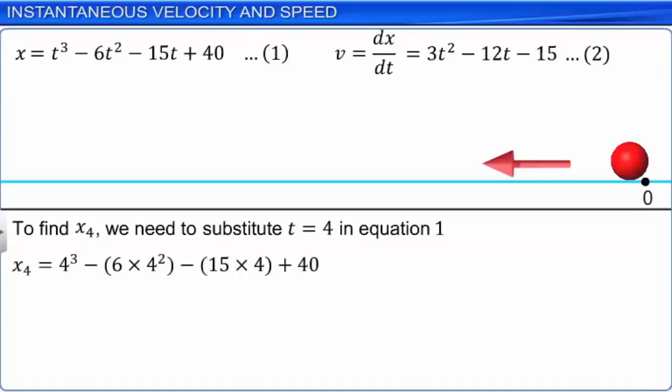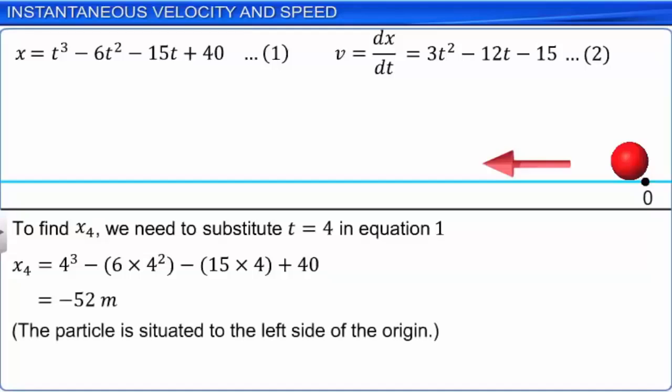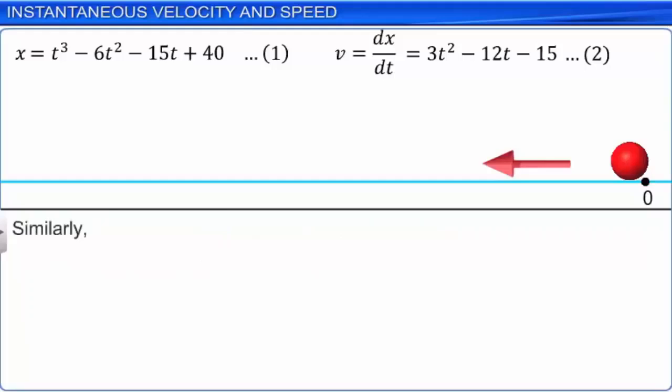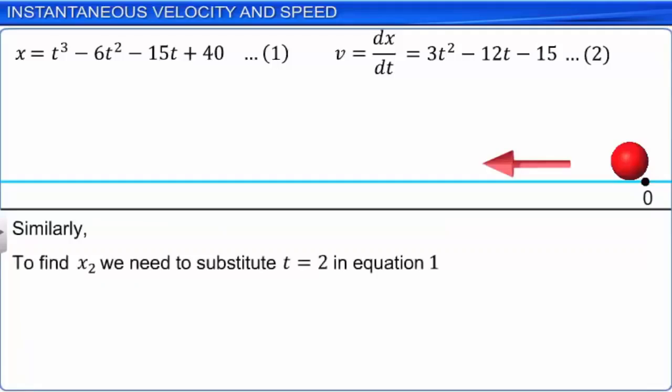The particle is situated to the left side of the origin. Similarly, to find x2, we need to substitute t = 2 in equation 1. x2 = 2³ − 6 × 2² − 15 × 2 + 40 = −6 meters. The particle is situated to the left side of the origin.